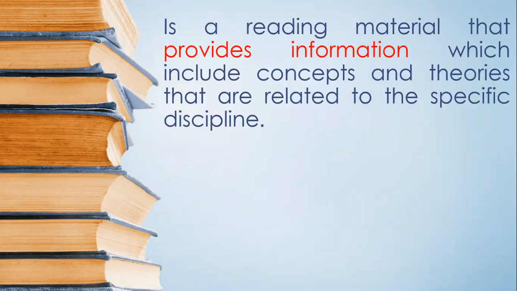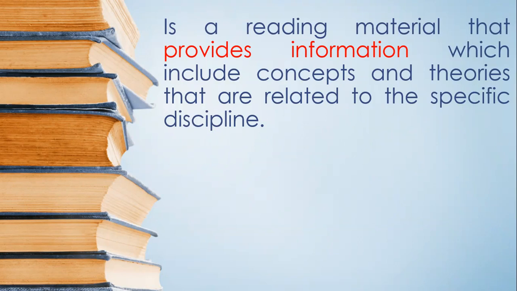When we say academic text, it is a reading material that provides information, which includes concepts and theories that are related to a specific discipline. In other words, academic texts are any reading material that provides information. Okay?